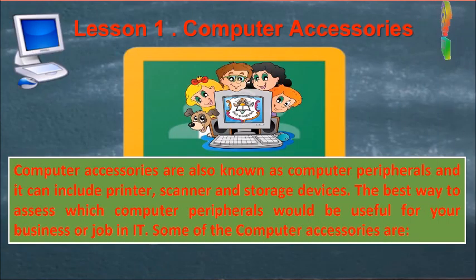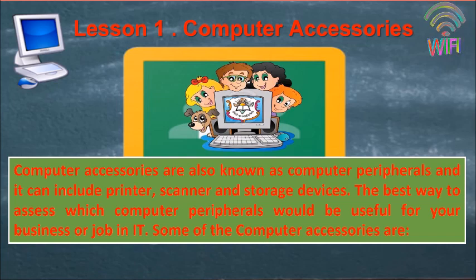Like human accessories, there are computer accessories also. Computer accessories are also known as computer peripherals and they can include printer, scanner and storage devices. The best way to assess which computer peripheral would be useful for your business or job in IT.